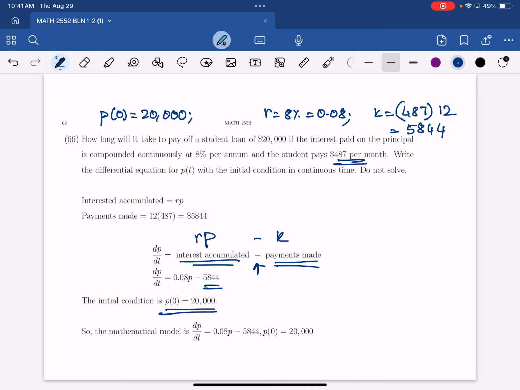Are we all together? And now, this is what is interesting to me. I hope you find it interesting as well. Now I will run through the qualitative analysis, the critical point, semi-stable, stable, asymptotically stable, just like how I ran with it in the electric circuit problem. Are you with me on that?